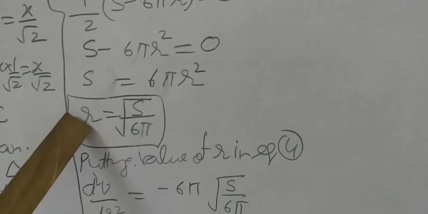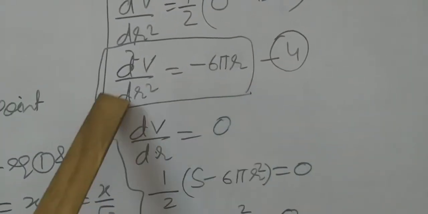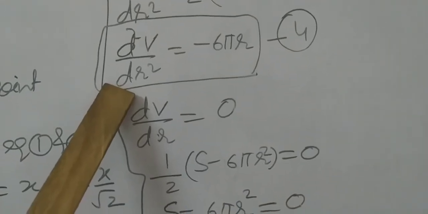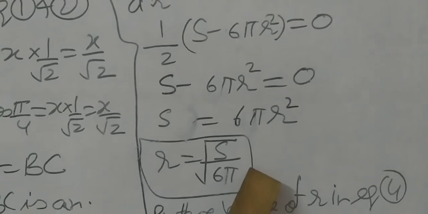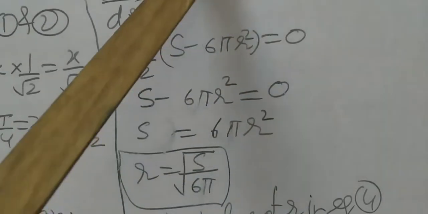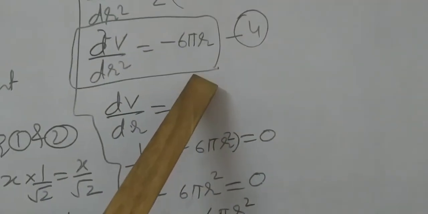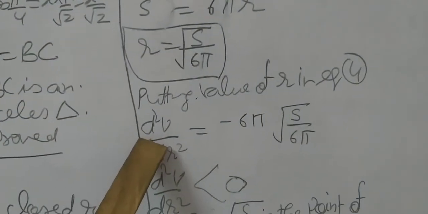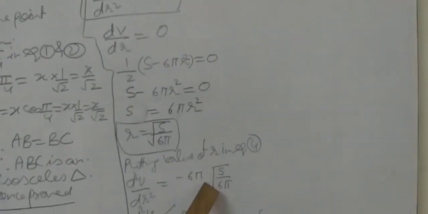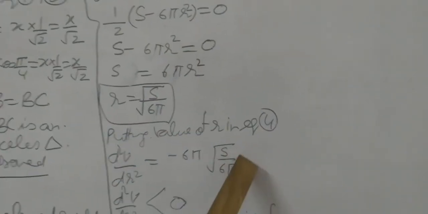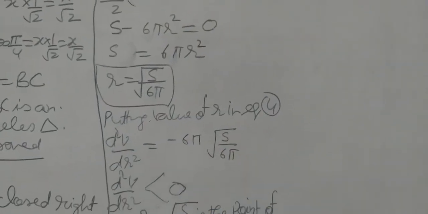Now we have to put the value of r in equation number 4, means second order derivative, to find out whether this is the point of maxima or minima. So let us put the value of r in equation number 4. Then d square V upon dr square equals minus 6 pi, and in place of r we put root of S upon 6 pi.